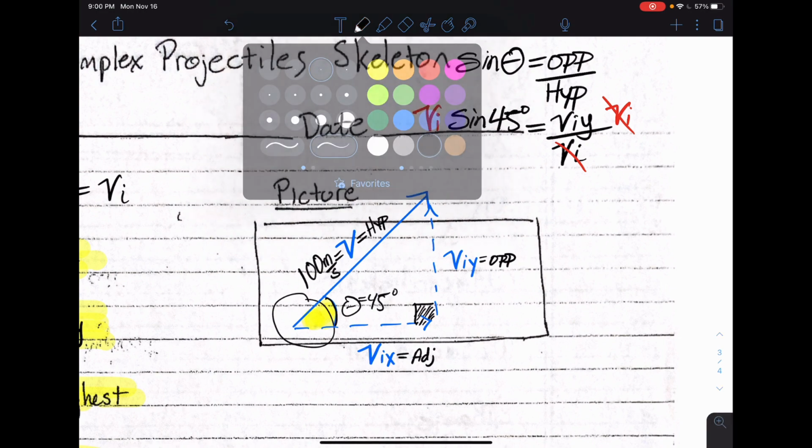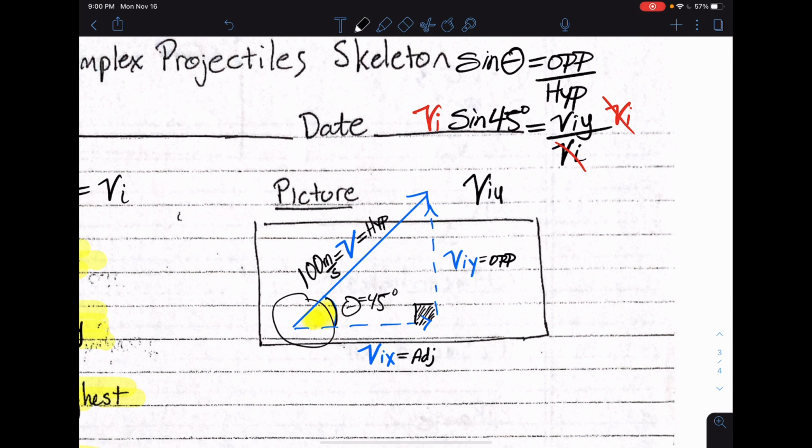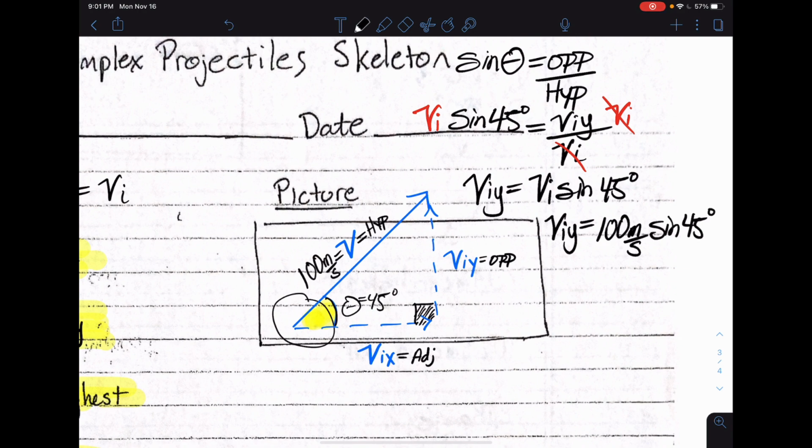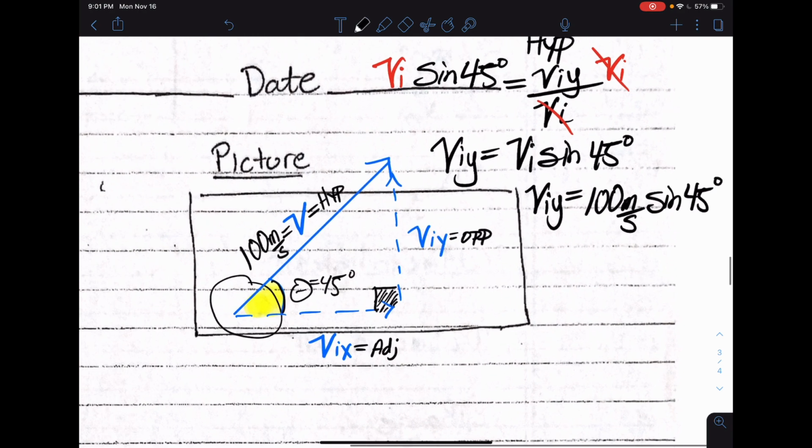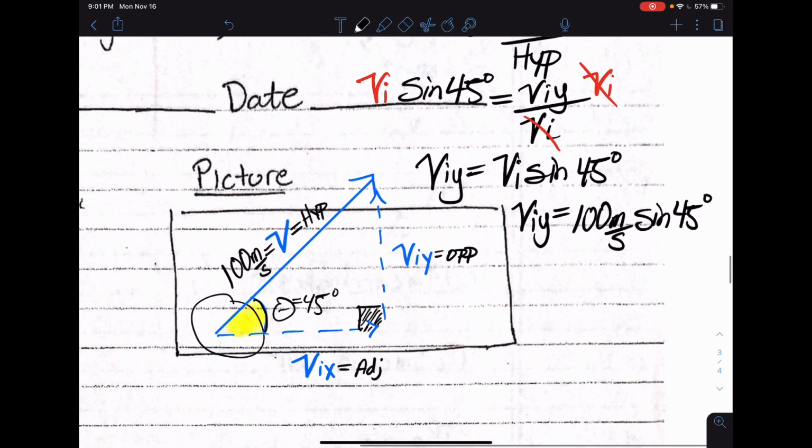And we end up saying that Viy is equal to Vi sine 45, which we could have subbed in for Vi, and we probably should. So let me rewrite that one more time. Vi is 100. All right, and grab my calculator here.